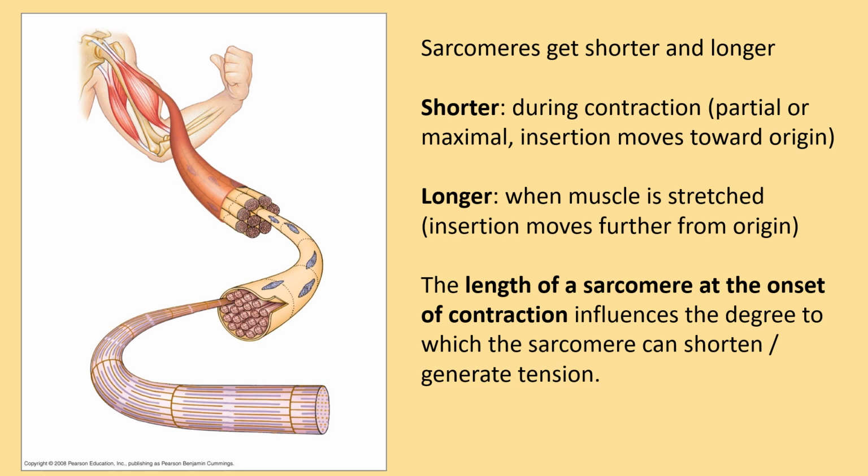If the muscle is shorter, the sarcomeres are shorter. If the muscle is longer, then the sarcomeres are longer. It turns out that the length of a sarcomere at the beginning of a contraction influences the degree to which that sarcomere can shorten or can generate tension. It'll take a little while to understand this concept.